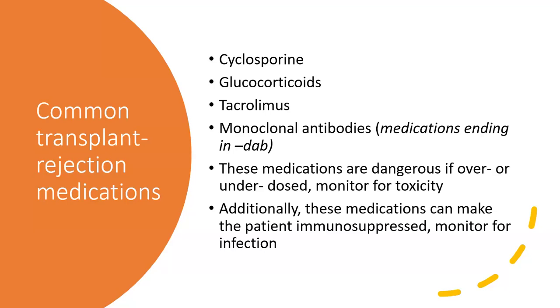The way we do that is through blood testing to see where the drug level is in the patient's body. As we said, we also have to monitor for infections. So, you may also see people who are receiving organ transplants on neutropenic precautions as well, because they are at such high risk for infection.